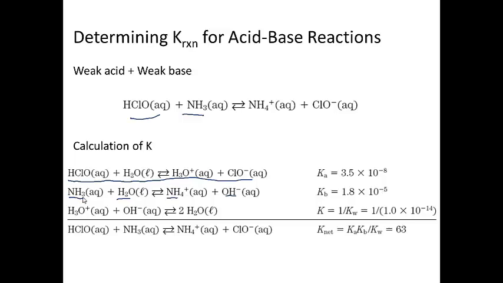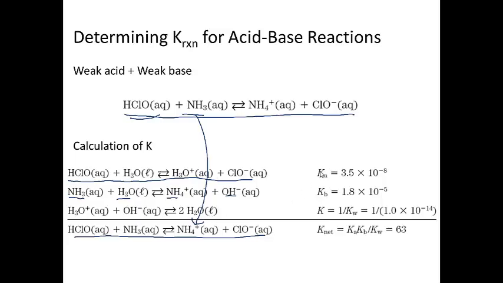If you then take the reverse of the water self-ionization reaction, as hydronium reacting with hydroxide to make 2 waters, the K for that, as we saw before, is 10 to the 14th. And if you add all these up, you get the reaction that we're interested in here. So our goal is to find the K for this net reaction. If you add these three reactions up in the way we have, you end up with the reaction that you're interested in. That's the reaction we care about.